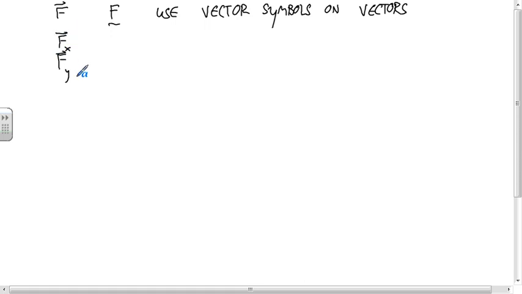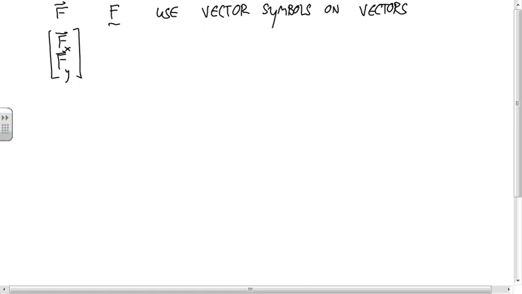People were writing it like this, okay? So that vector symbol means that you have a quantity that can be broken up into components, okay? But the components themselves are scalars, okay?